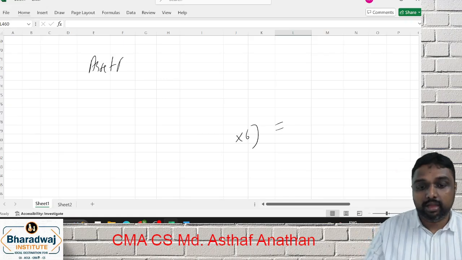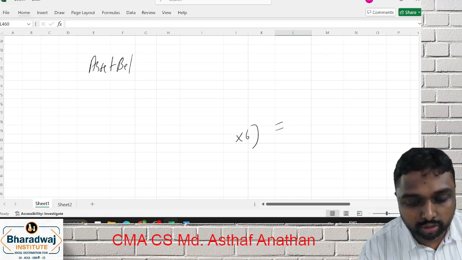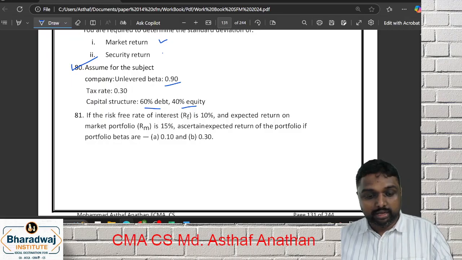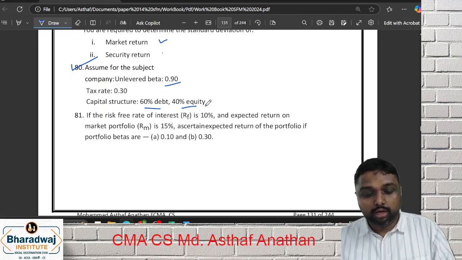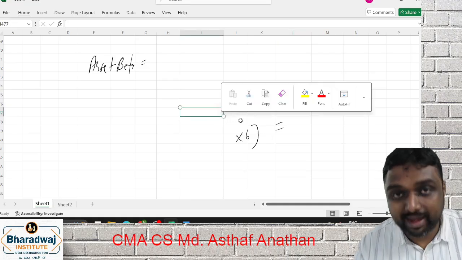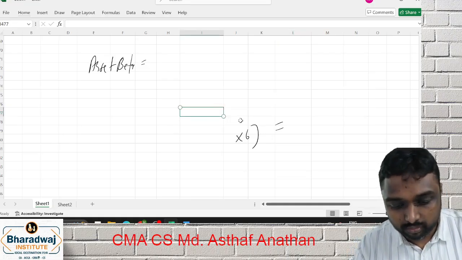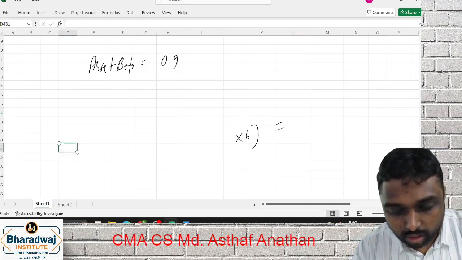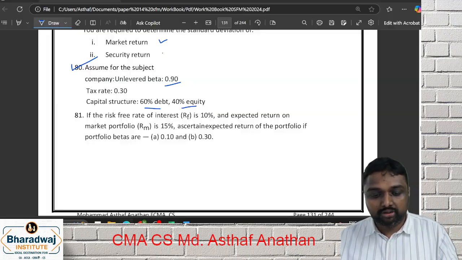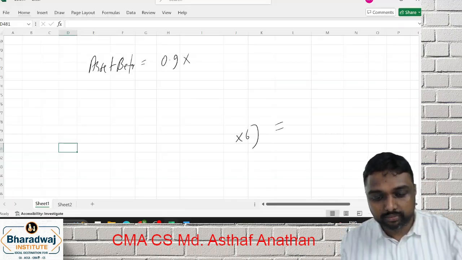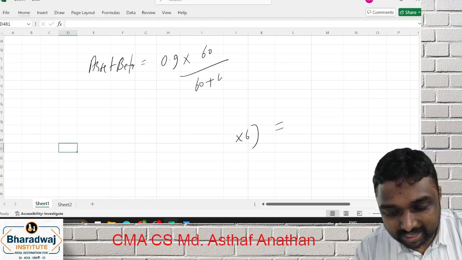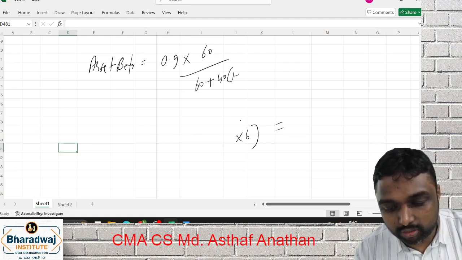In class, I may give this as homework because we did a lot of questions on asset beta. So what is asset beta, friends? Your equity beta is 0.9, so 0.9 into the weight. Equity is 60, 60 divided by 60 plus, you should not take 40, you have to take the tax effect.